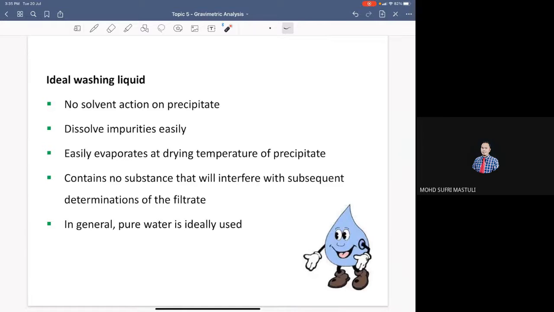The washing solution should also evaporate easily when we dry and heat the precipitate, and it should contain no substance that will interfere with the determination of the analyte of the sample. In general, we just use water as the washing solution.